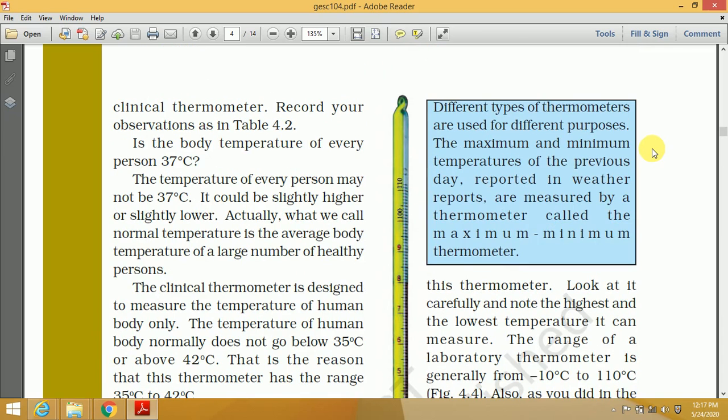So this thermometer can measure the temperature of an object whose temperature may be minus 10 degrees centigrade or 110 degrees centigrade. So this thermometer can be used for measuring the temperature of any other object.